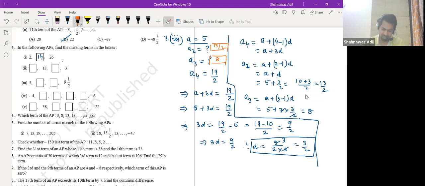Let's finish this AP and then we'll start probability and then statistics. Whenever you have noted it down, please.